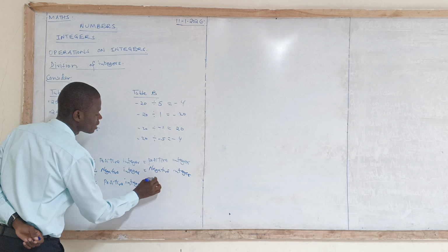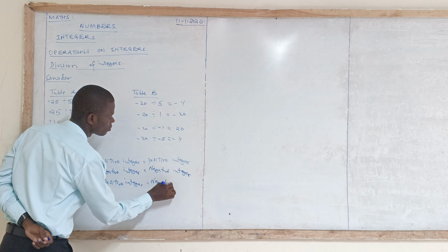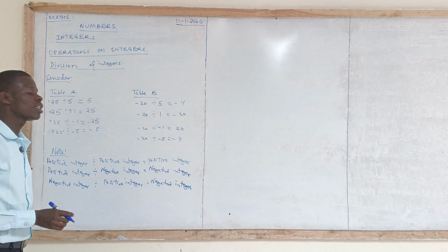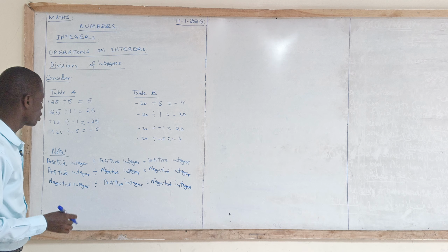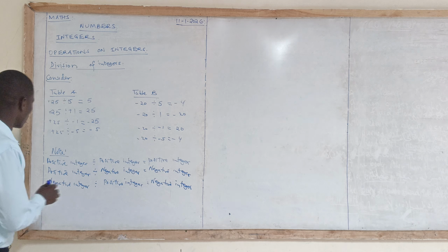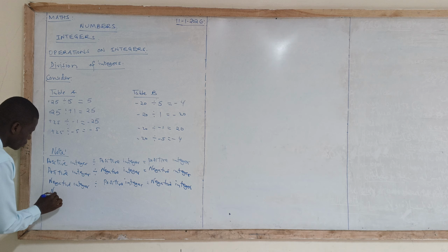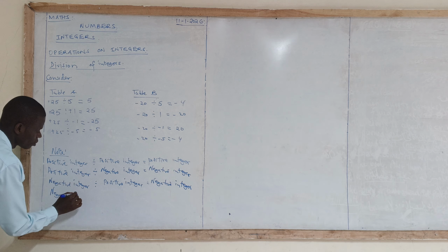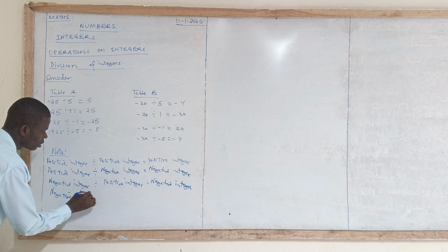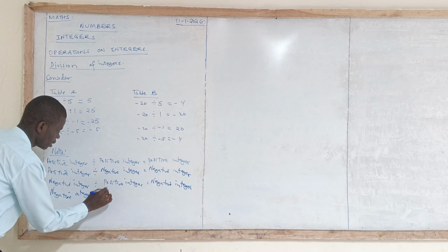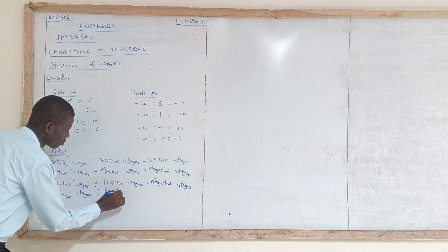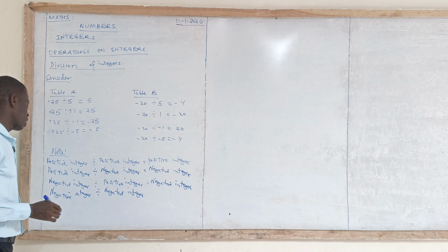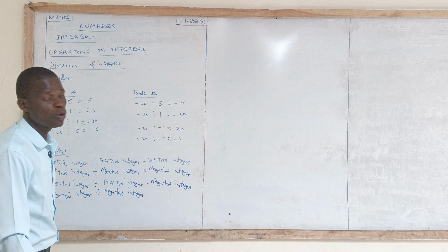I have still negative integer. Then the last one, negative integer divided by negative integer, what should I have?